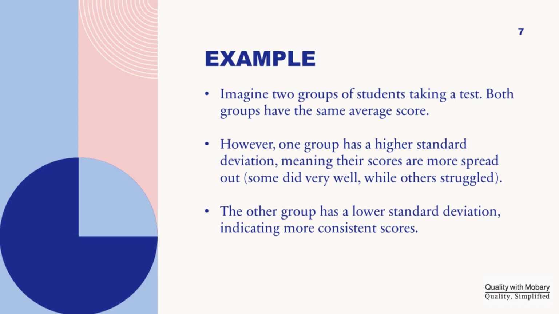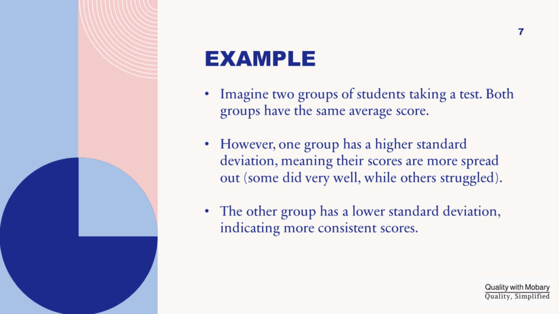And then moving on to this example here. So this is a quick example just to show you how we can use the standard deviation. Let's say we have two groups of students taking a test, and both of the groups had the same average score, right? So let's say that we have group A and group B, and both of them had the same mean. However, one group had a higher standard deviation, right? Which means that the scores are spread.